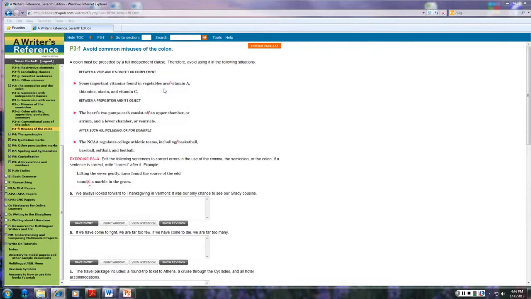In fact, generally, a colon does not follow immediately after a verb or a preposition or including. So in those cases, there would not need to be a mark of punctuation at all. However, you can use it, again, to indicate what follows, but generally not after a form of the verb, not after a preposition.